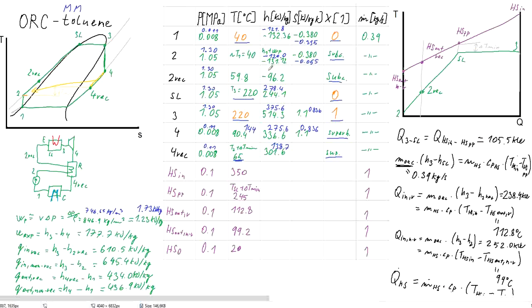So from that we can get the enthalpy at point 2 recuperated as the enthalpy 2 plus the heat of recuperation, which now goes into value of plus 16.8 kilojoules per kilogram, and it would be at the temperature of 107.9.